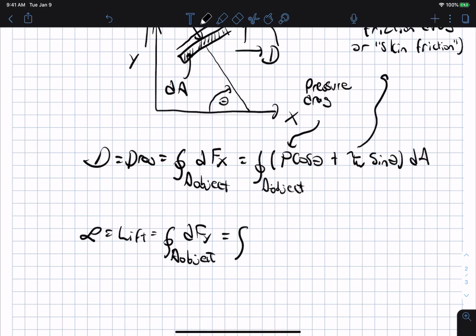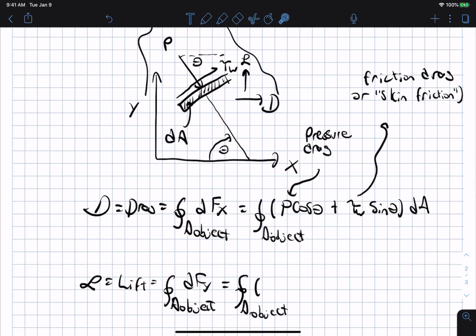And that equals, if we just consider the geometry again, the integral over the area of, well, here the lift is the y force, so we have pressure that's actually pushing down, so that's minus P sine theta, and we have the shear stress actually trying to pick up on the object, and so we have plus tau wall cosine theta dA.